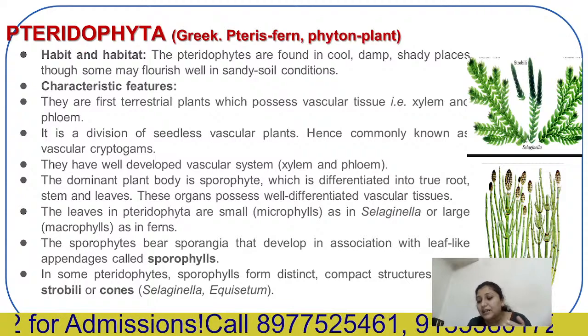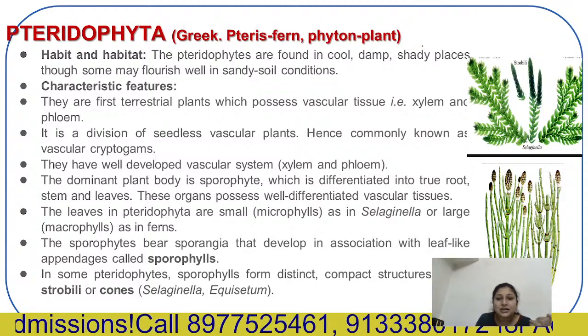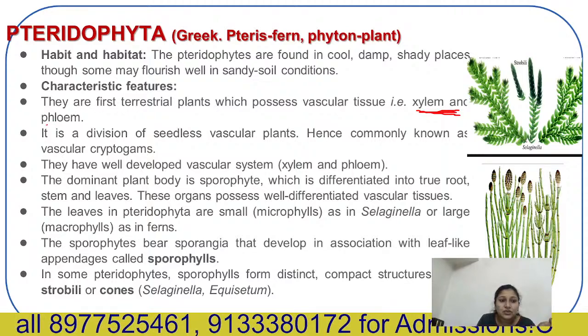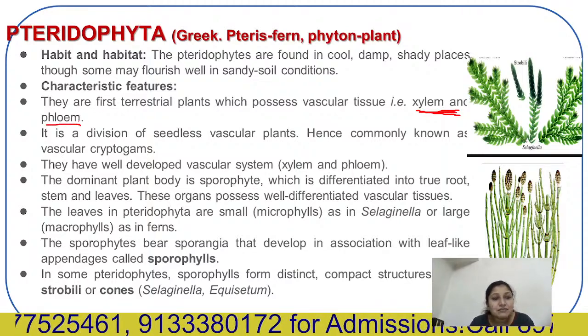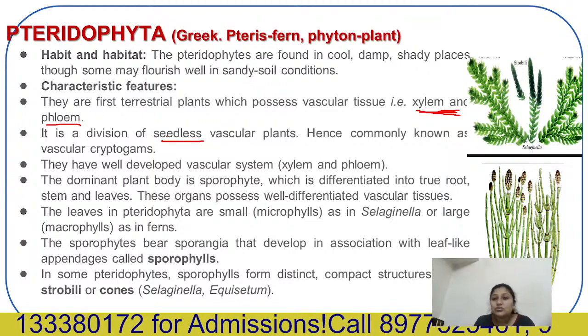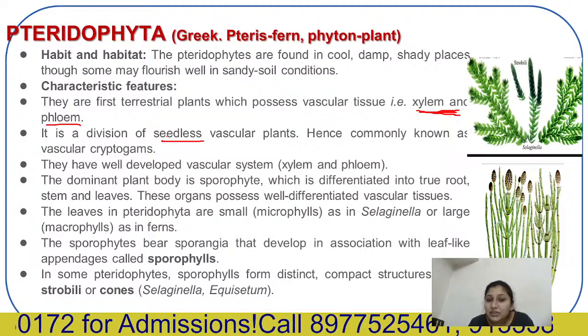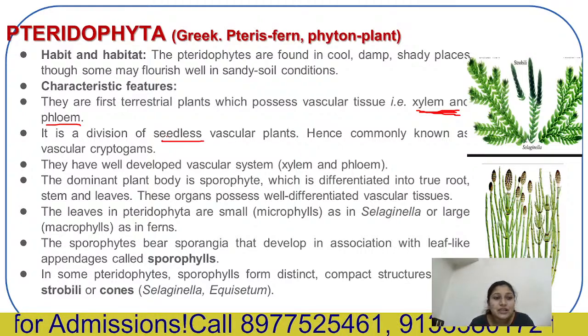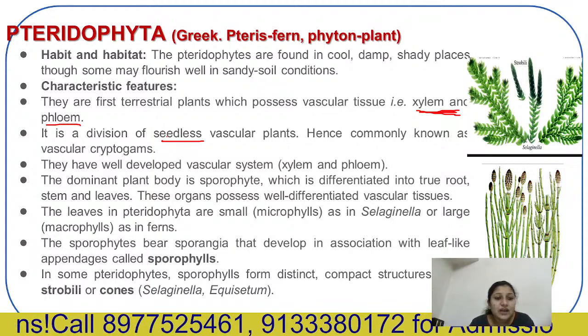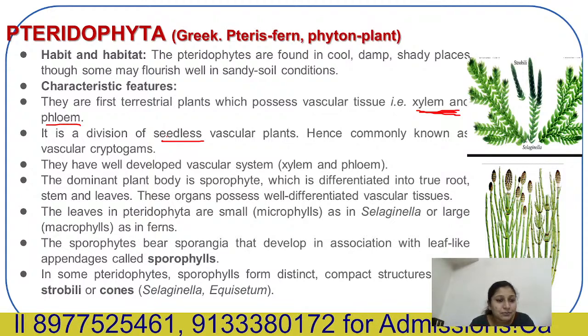See, development increases, vascular system started, so xylem and phloem arise in pteridophyta. It is a division of the seedless vascular plants. They do not bear seeds, but they are vascular, hence commonly known as vascular cryptogams. They have a well developed vascular system, xylem and phloem.